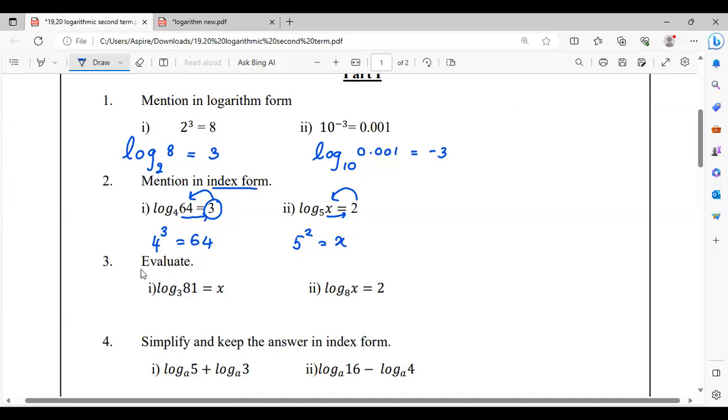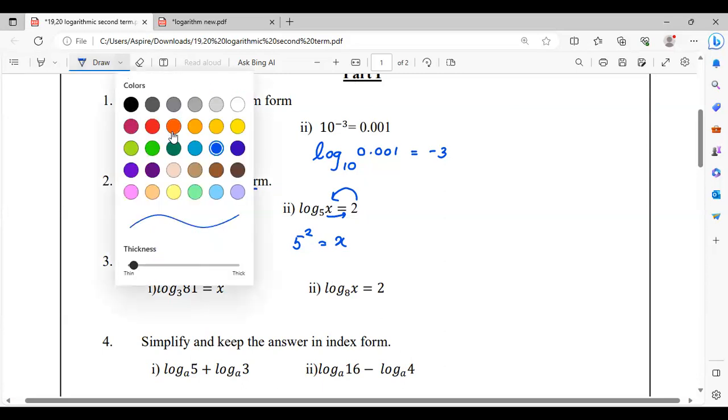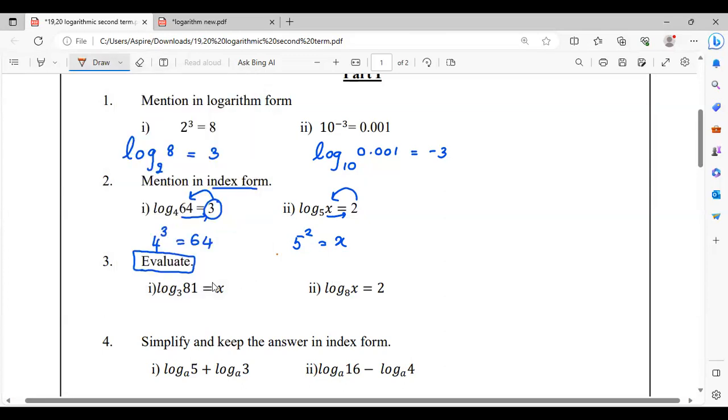But here it is evaluate. What is meant by evaluate? When you are given a question, you have to identify what they have asked, whether you have to express it in log form or index form, or whether you have to find the value. Now here, evaluate means you have to find the answer.